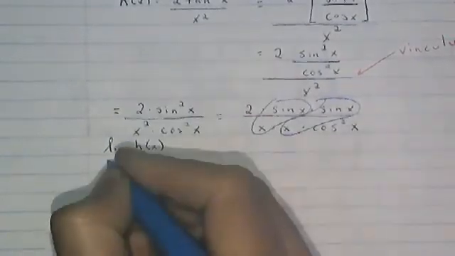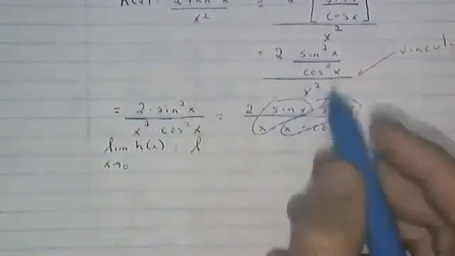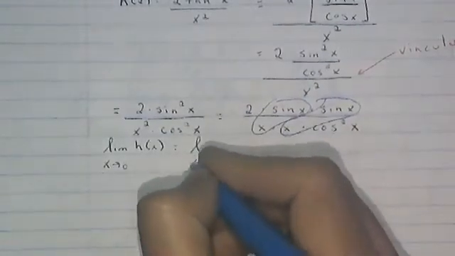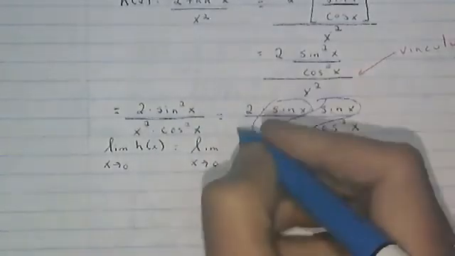So we're going to revisit this limit of h of x as x approaches 0. But now we're going to use this definition of h of x and all this lovely sleuthing, finagling, rearranging.